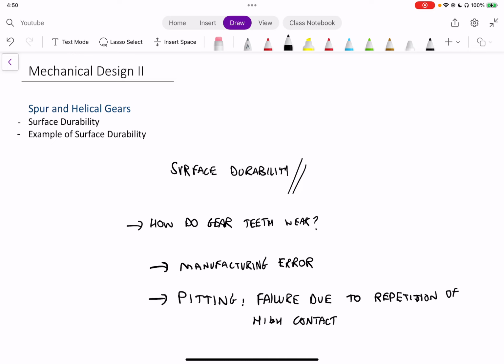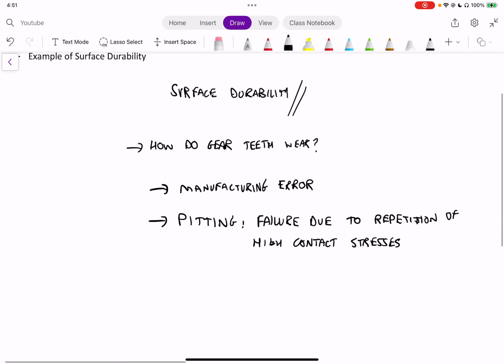When you make contact over and over and over, gear teeth can fail from pitting. That definitely can happen, and it usually happens in a more systematic way. We can estimate how pitting is going to occur and over what time it's going to occur.